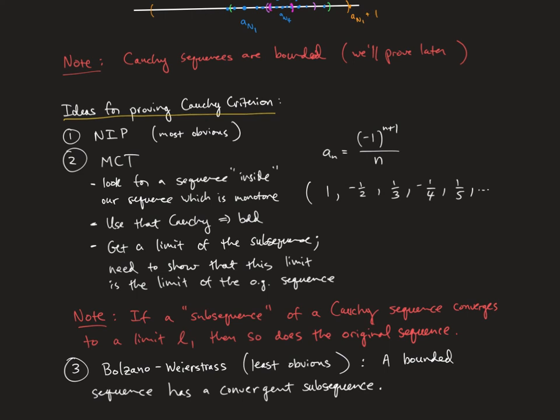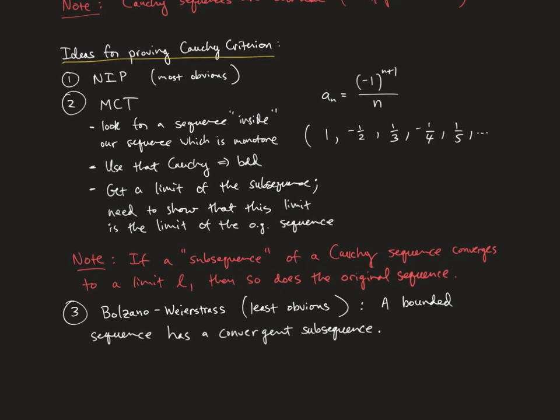Okay, so this Bolzano-Weierstrass theorem is something we're also going to have to discuss. This is the least obvious way of proving the Cauchy criterion, but since analysis books want to talk about the Bolzano-Weierstrass theorem anyway, they talk about that first and then deduce the Cauchy criterion from it. So it's sort of the least amount of work, if you want to talk about the Bolzano-Weierstrass theorem anyway, to just get the Cauchy criterion as a corollary of the Bolzano-Weierstrass theorem and the other properties of Cauchy sequences.